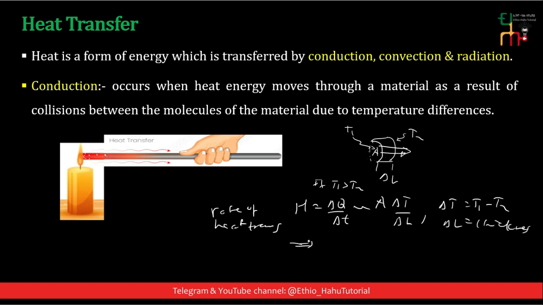That is, the rate of heat transfer, delta Q by delta t, is equal to minus K times A times delta T divided by delta L, where K is the thermal conductivity of the material.